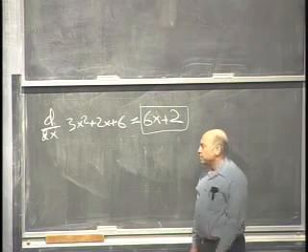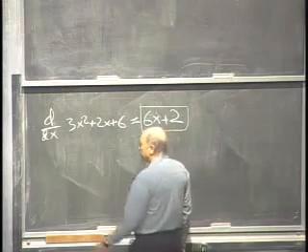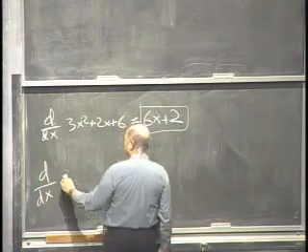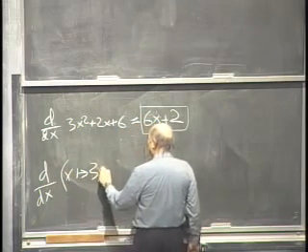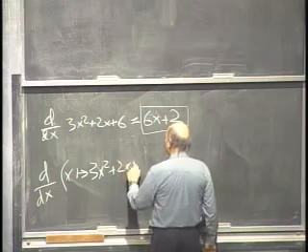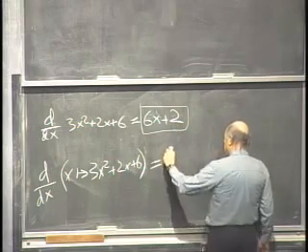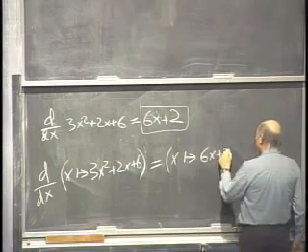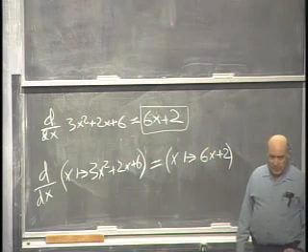And they do it because they think you would get freaked out if they said what they should say, which is d by dx of x maps to 3x squared plus 2x plus 6 equals x maps to 6x plus 2. Okay?